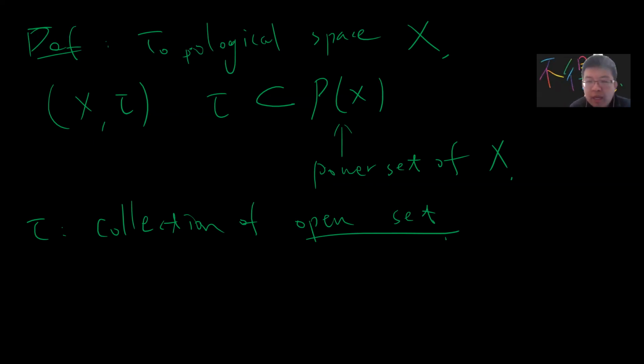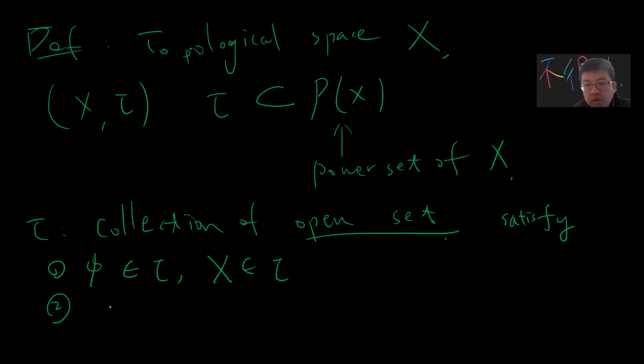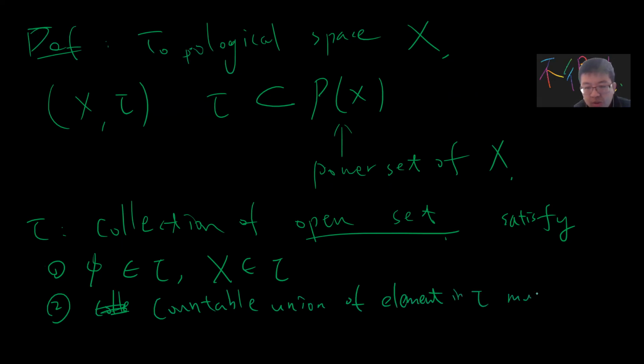But I should have some axioms to say what the relation is. The first one is that the empty set and X must be in tau. The second is that the countable union of elements in tau must be in tau. This is like the imitation of the original open set as an open ball.